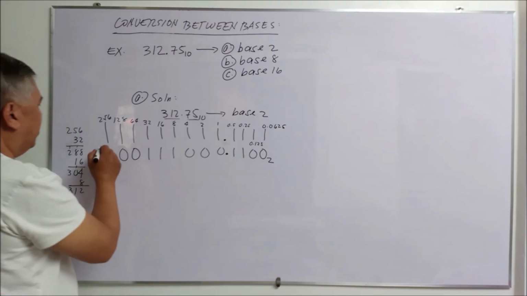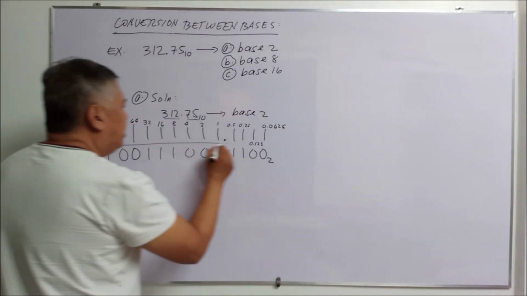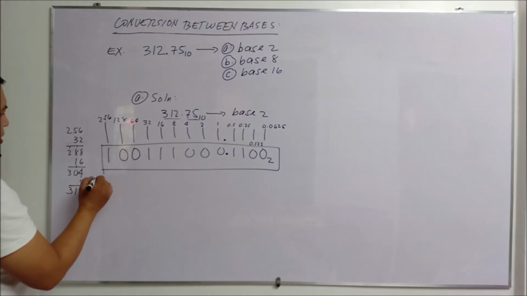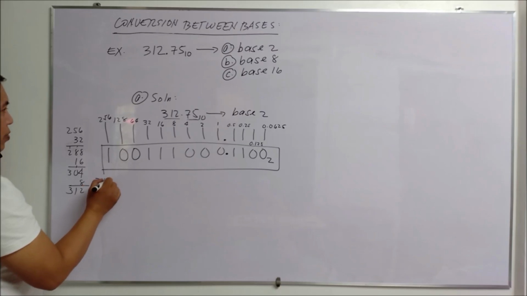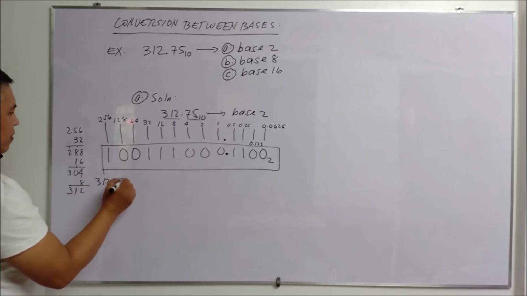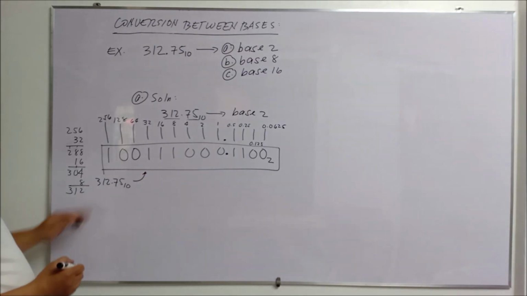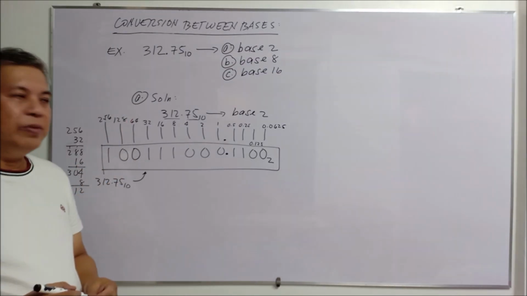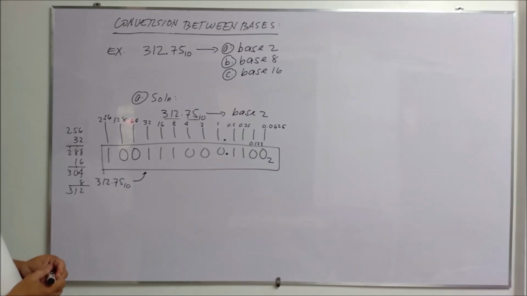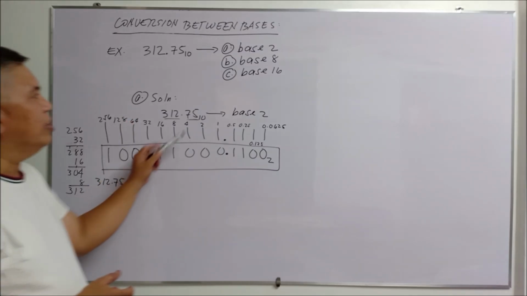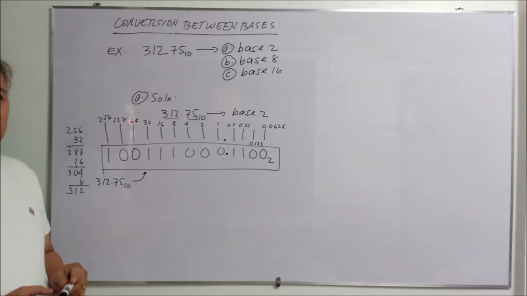So this is now your binary equivalent of the number. 312.75 of base 10 is equal to this binary number. Okay? So you have now a binary number. It will now be very easy for us to convert that into base 8 or base 16.